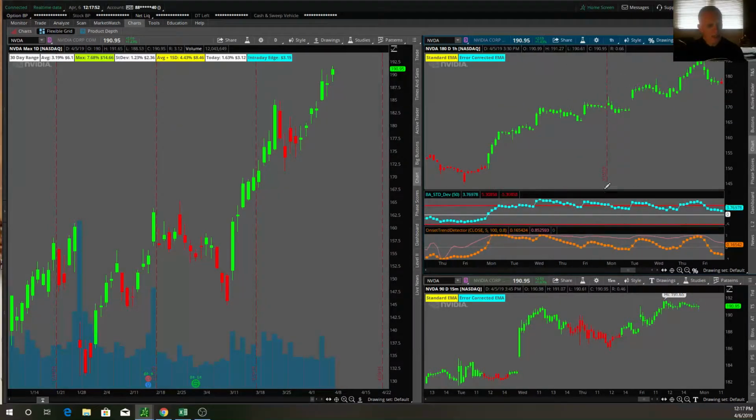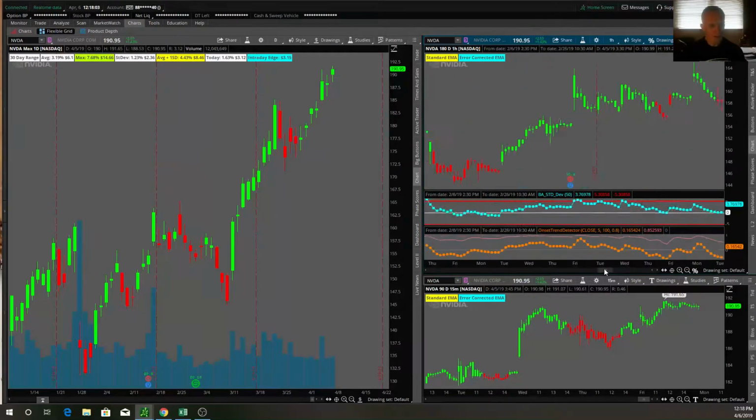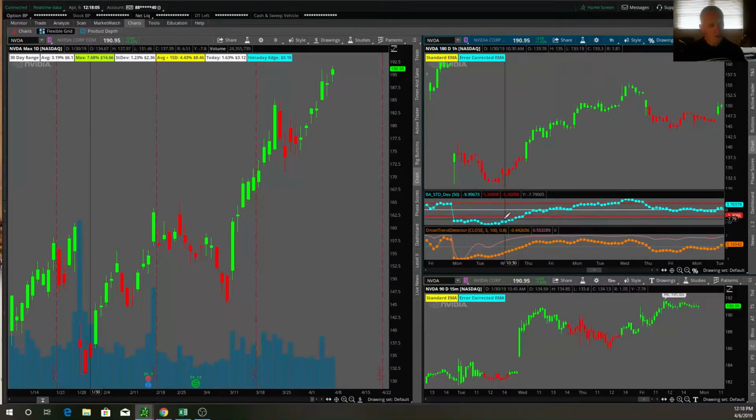This BA standard deviation is just a standard deviation graph of how price reacts to a 50 period moving average, and I'm really interested in the 2 standard deviation moves. When it gets 2 standard deviations below the 50 period, you're going to see it right here. Now look on the daily time frame where that is. Can you see that low? This is on the hourly. It's 2 standard deviations away from the 50 period moving average.